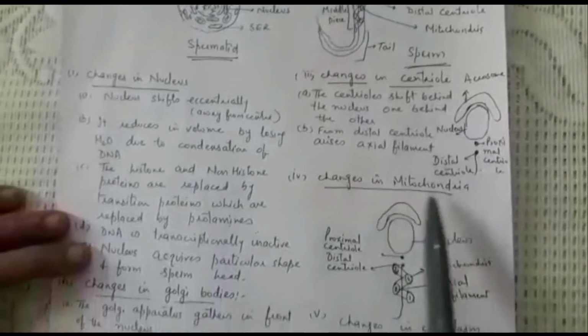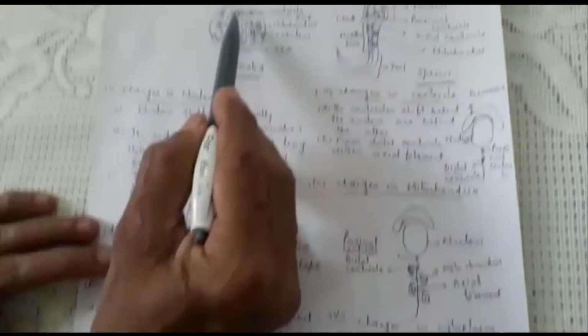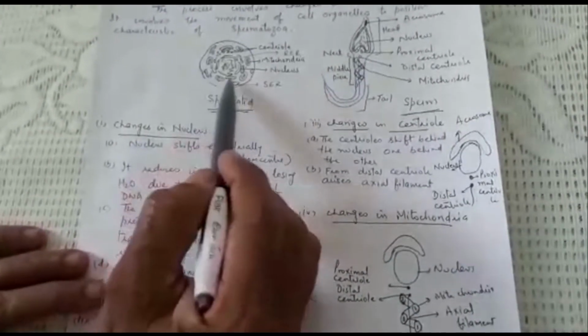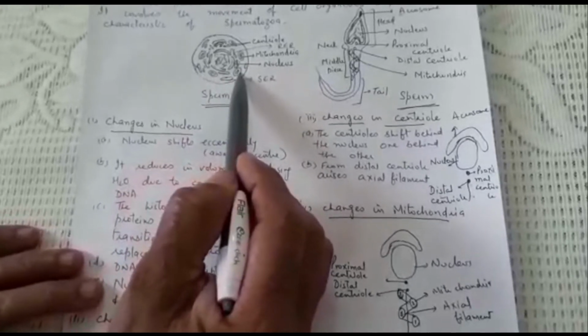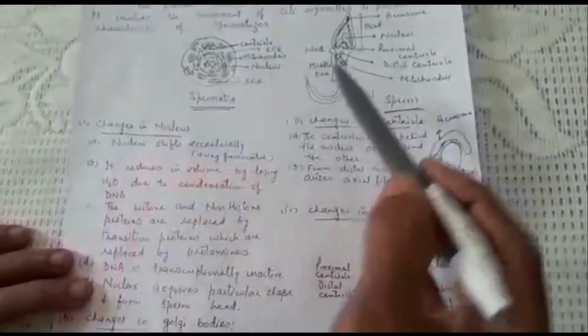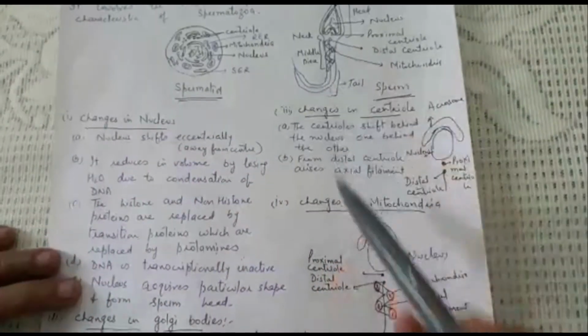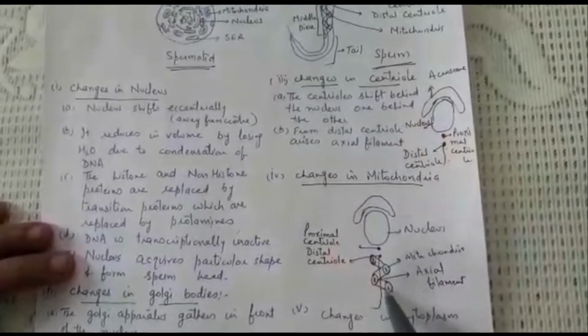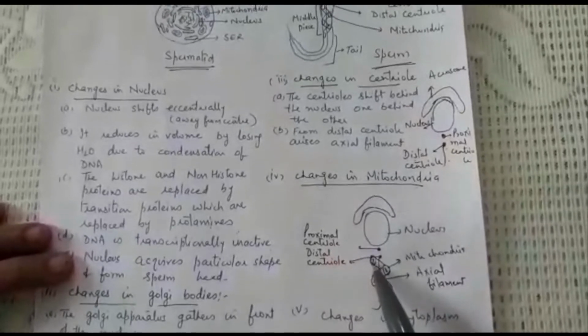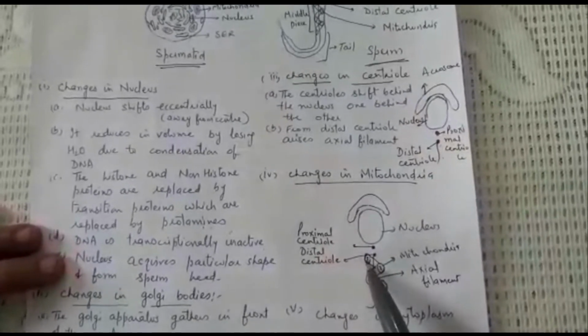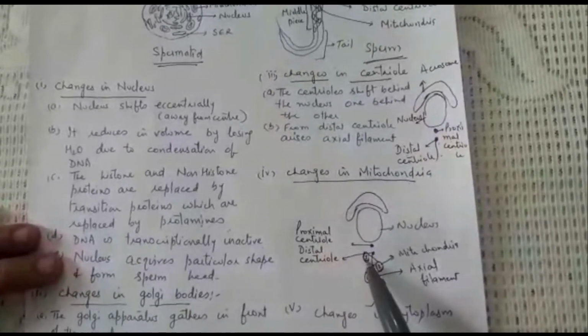Now come changes in mitochondria. In spermatid, mitochondria are randomly distributed in the cytoplasm. Now what happens? They arrange themselves in a spiral manner around this axial filament. So this is the spiral manner. Now mitochondria increase in size but they decrease in number.